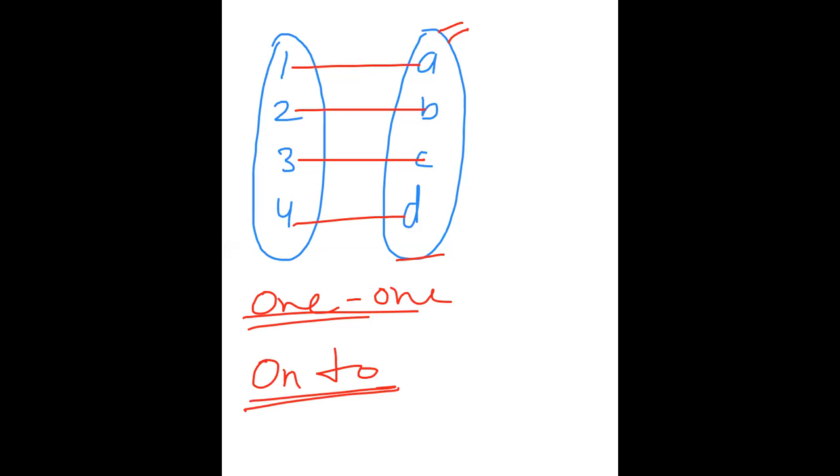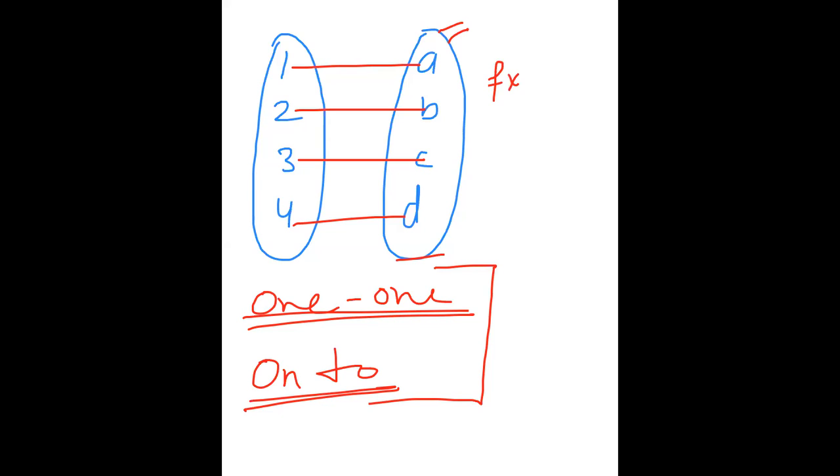1-1 relation is also known as injective relation. Onto relation is known as surjective relation. And if a relation is 1-1 as well as onto, then it is said to be bijective.